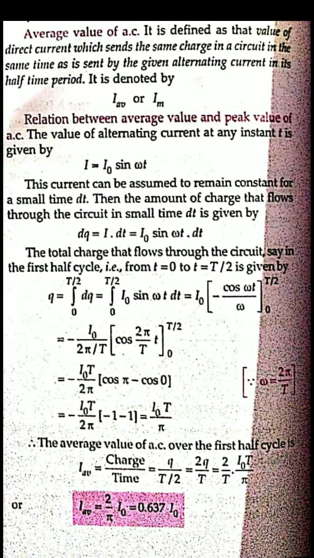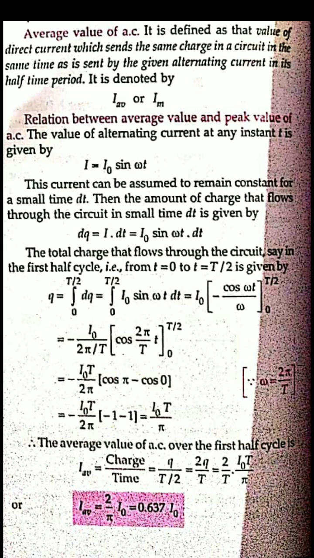If charge is present, the current will also be present. So I average, or the mean value of current, equals charge by time, so Q by T by 2. Now if we put the value of Q there, we get 2 I0 by pi. Now the value of 2 by pi is 0.637.